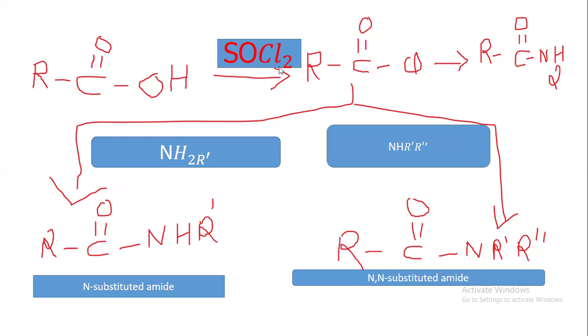Carboxylic acid, acid chloride, and ammonolysis produce different kinds of amides.